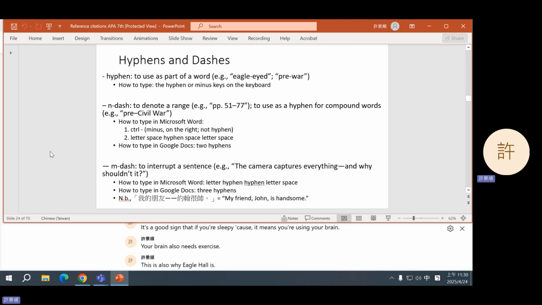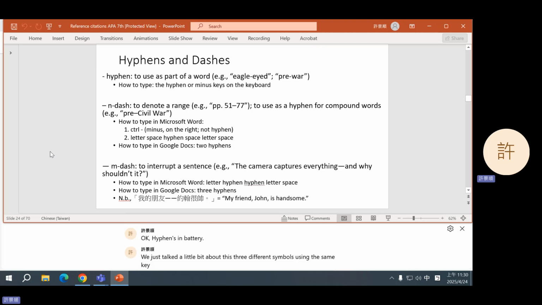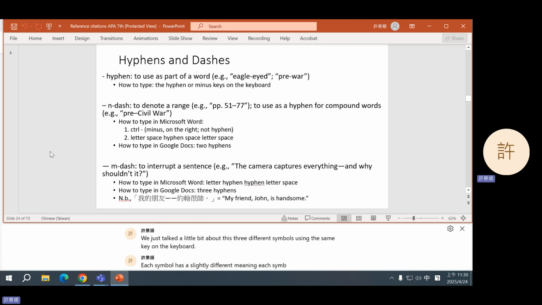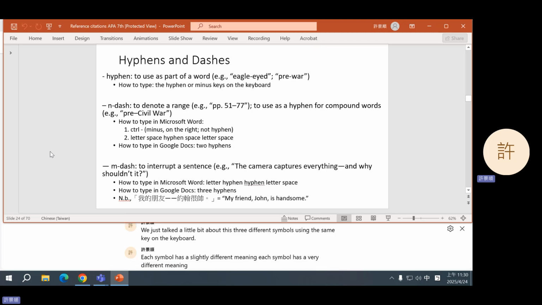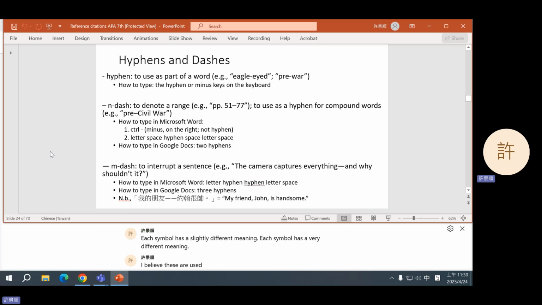Okay. Hyphens and dashes. We just talked a little bit about this. 3 different symbols using the same key on the keyboard. Each symbol has a slightly different meaning. Each symbol has a very different meaning. Hyphens, 连接号, these are used to connect 2 parts of one word.